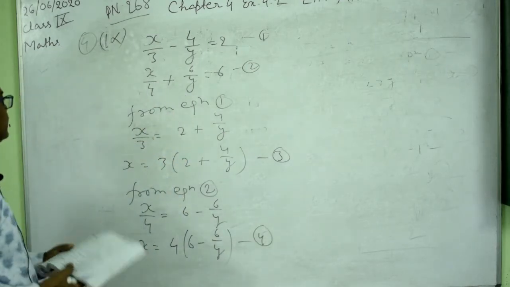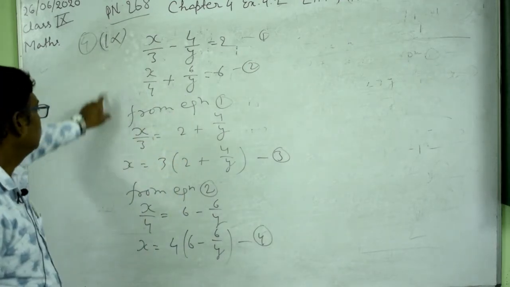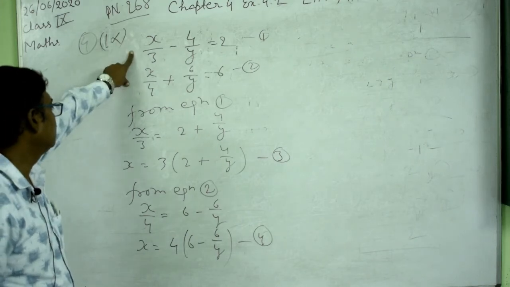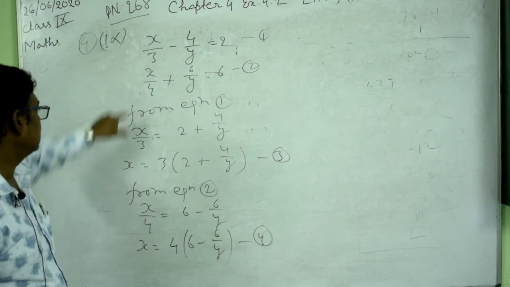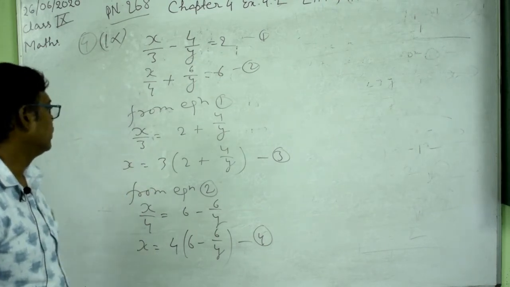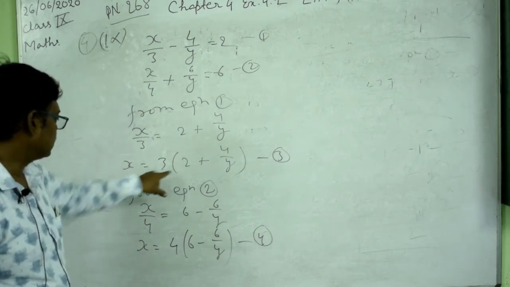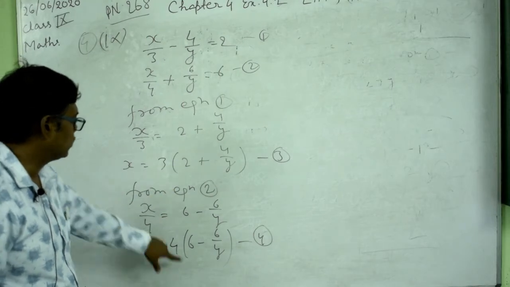Okay, so here we have expressed this equation in terms of y, and this equation also in terms of y, that is x equal to this, and x equal to this also. Now x equal to this and x equal to this, so this and this will be equal.